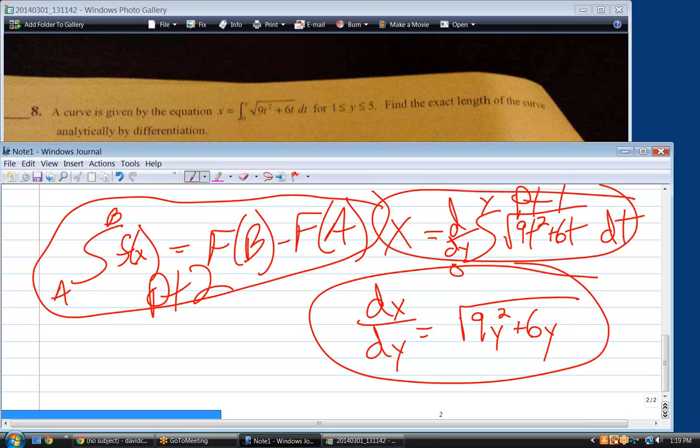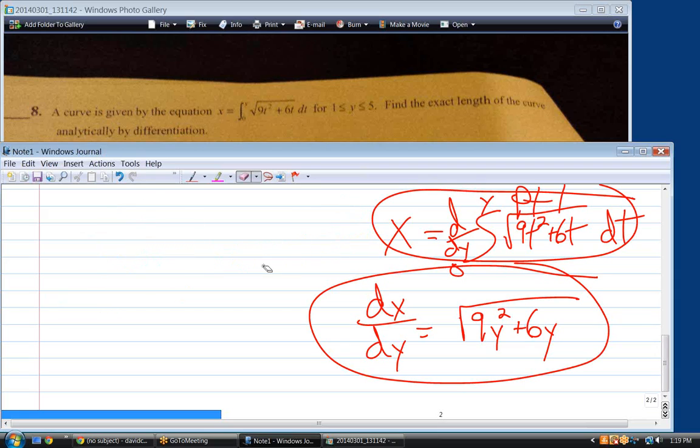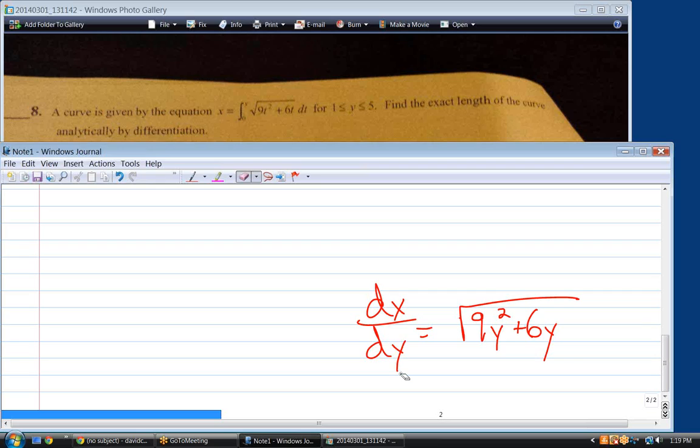It's worth your time to memorize those and know what they mean and represent, because they give you too many questions regarding the fundamental theorem of calculus. But that being the case, we know what dx dy is.